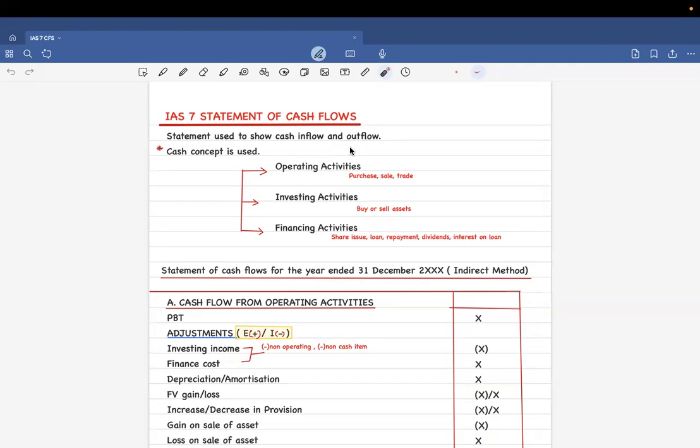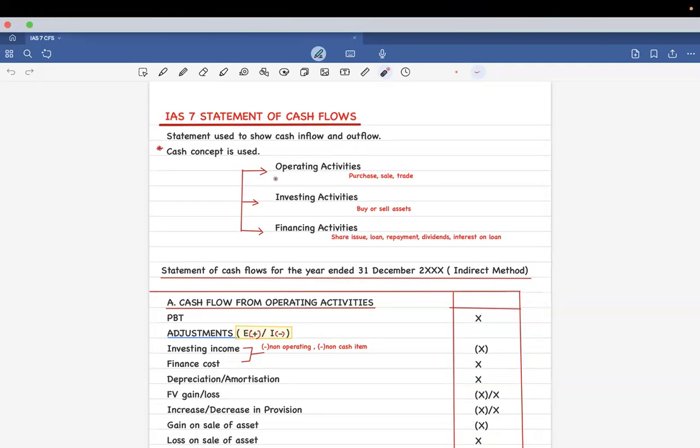For that purpose, we have divided cash flow into three categories. One is the operating activities, second is the investing activities, third is the financing activities. The first part deals mainly with day to day business, that means day to day operations in the business, hence the name operating activities.